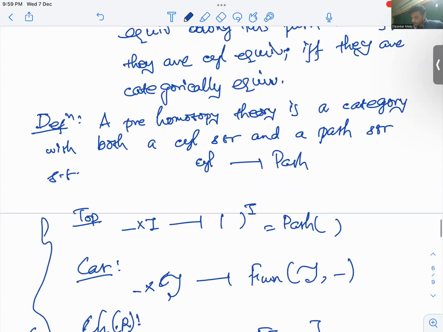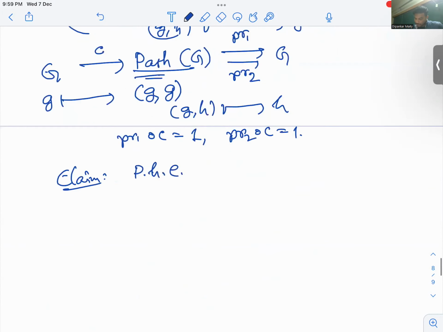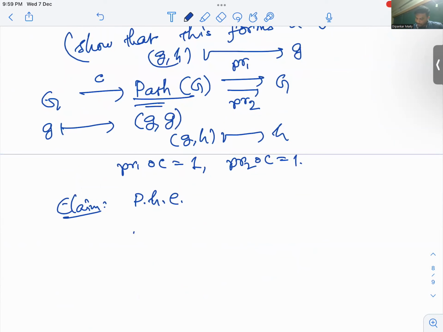You define homotopy equivalences and collect them together, and you look at the corresponding homotopy types of groups along this path structure. That is the category of homotopy types in the category of groups along this path structure. And my claim is that this is precisely the category of abelian groups.